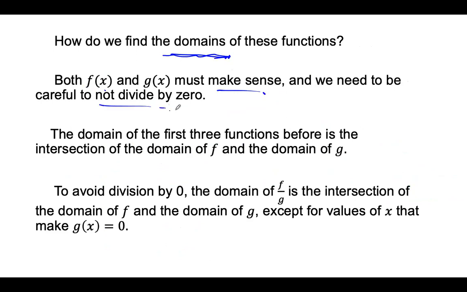And we have to be careful not to divide by 0, even when dividing a function, since a function could be equal to 0. So the domain of the first three is the intersection of the domain of F and the domain of G. You have to be careful about the division of F divided by G. That's the intersection of the domain of F and the domain of G, except for the values of x where G of x equals 0.